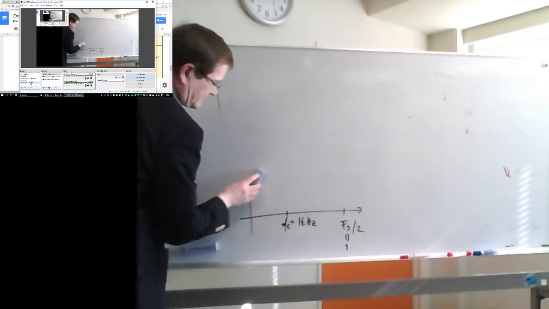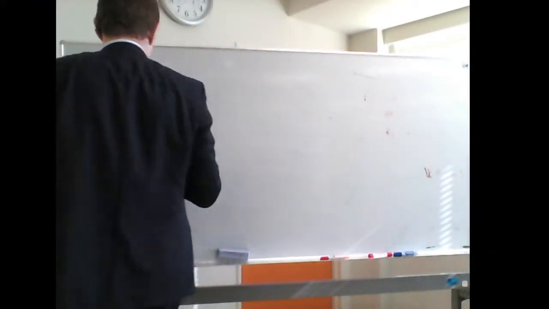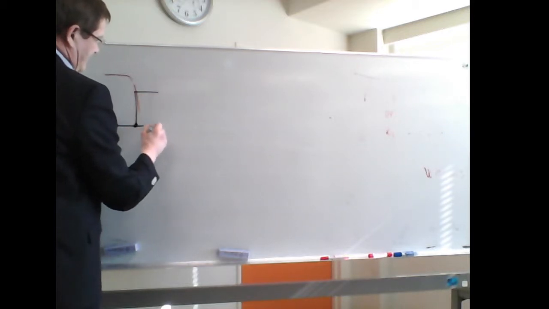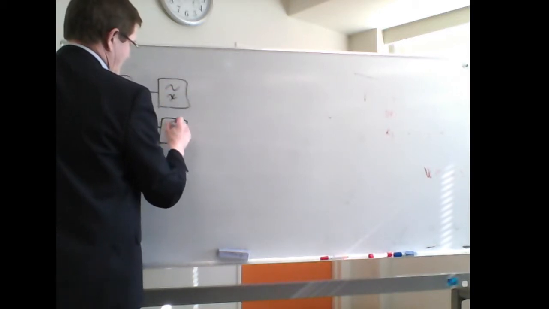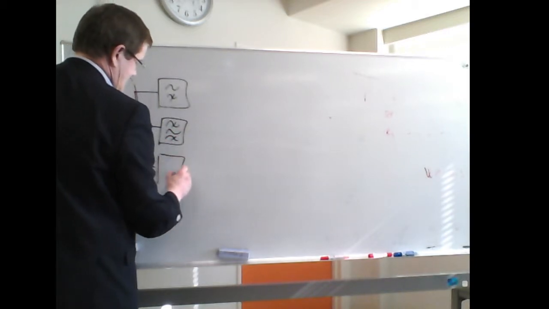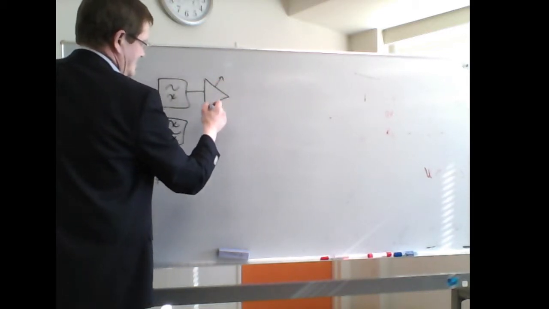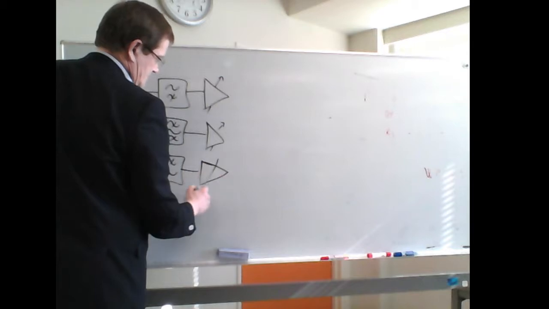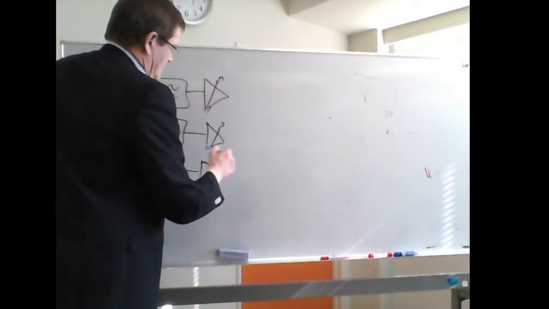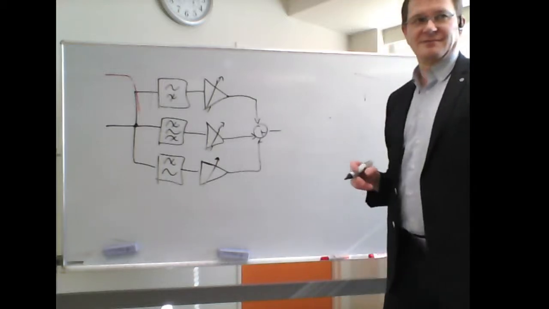In the 5.10 exercise, you have the high pass, middle pass, low pass filters. Each of those have individual gains, which are given in dB. And then you just add the outputs together. That's not a biggie.